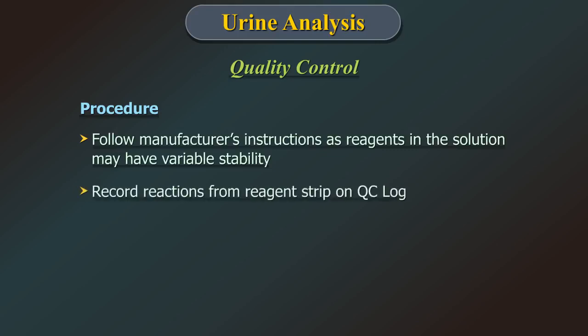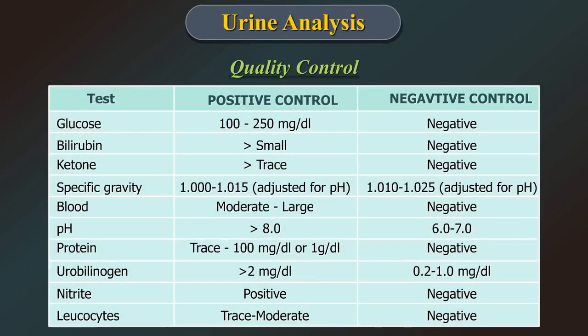Record reactions from reagent strip on the quality control log. In case of positive findings, strip results should be counter-checked by manual tests. The table shown on the screen shows the values of the positive and negative control strips. These values will vary as per the manufacturer and are provided in the control insert.